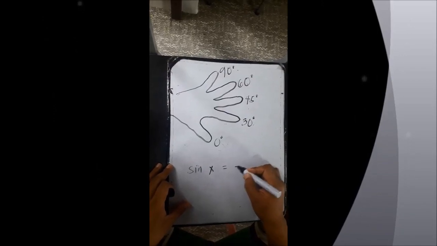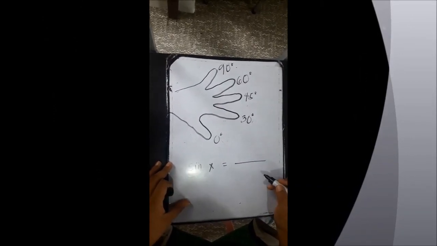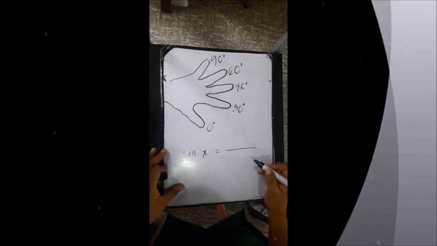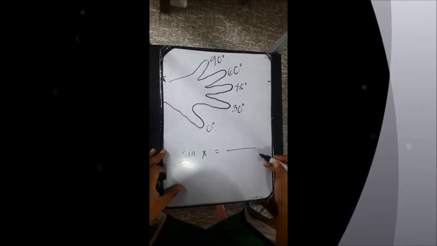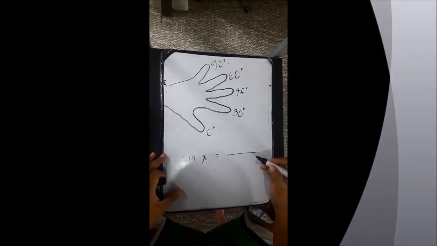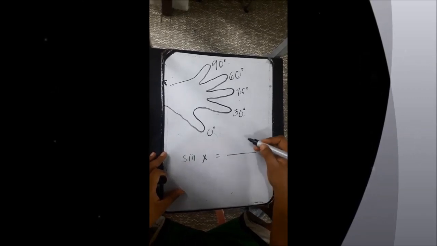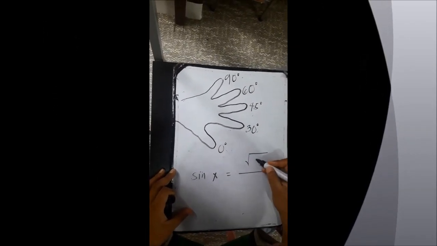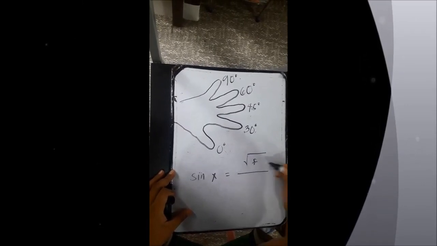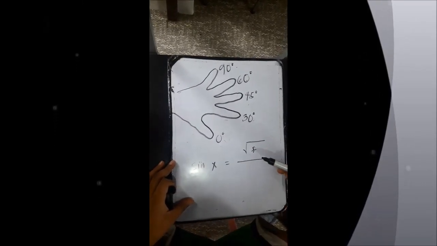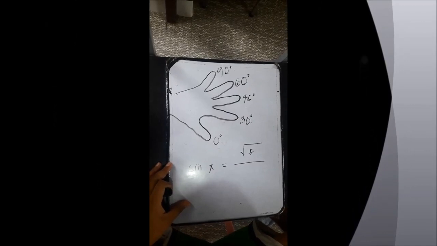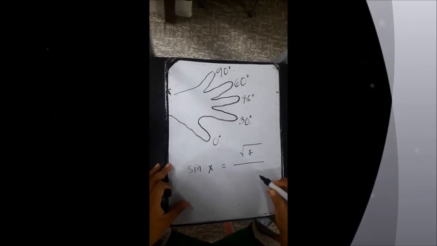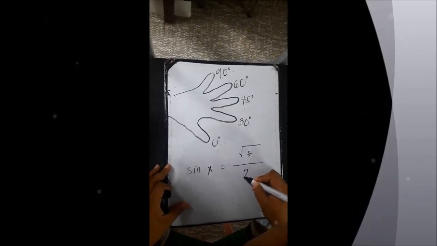So una, para sa ating sagot, we will have a rational number. So for our numerator, we will get the square root of the number of fingers. So let's say it's f na meron below the assigned finger. And sa ating denominator, meron tayong constant na 2.